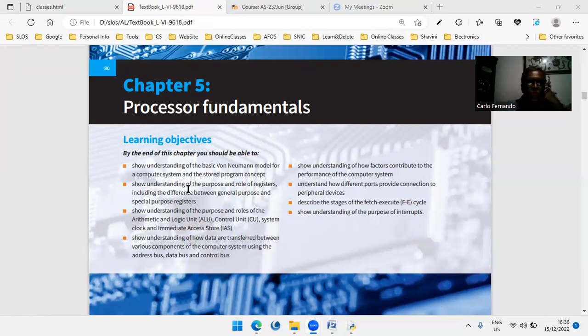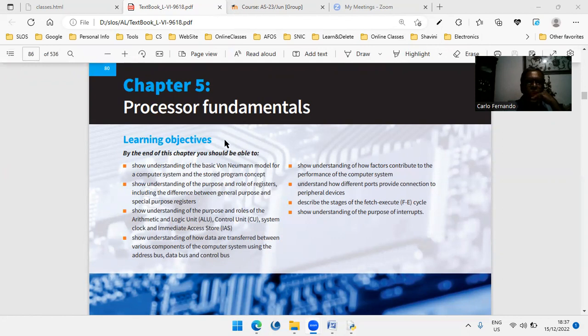Show understanding of the purpose and role of registers, including the difference between general purpose and special purpose registers. So these are in the CPU. Now, when you say processor fundamentals, we are learning about the CPU, Central Processing Unit.